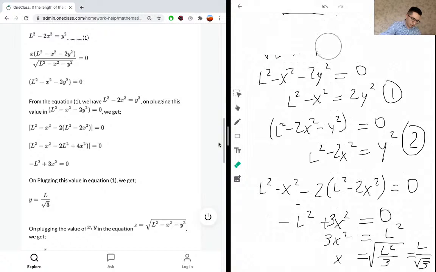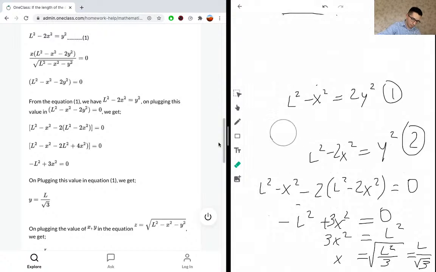So we'll clear up some space here. We'll leave the important equations. So now we plug in the value of x in equation 1 or 2. Let's say we plug it into equation 1. So we'll say L squared minus L over square root 3 squared equals 2y squared.